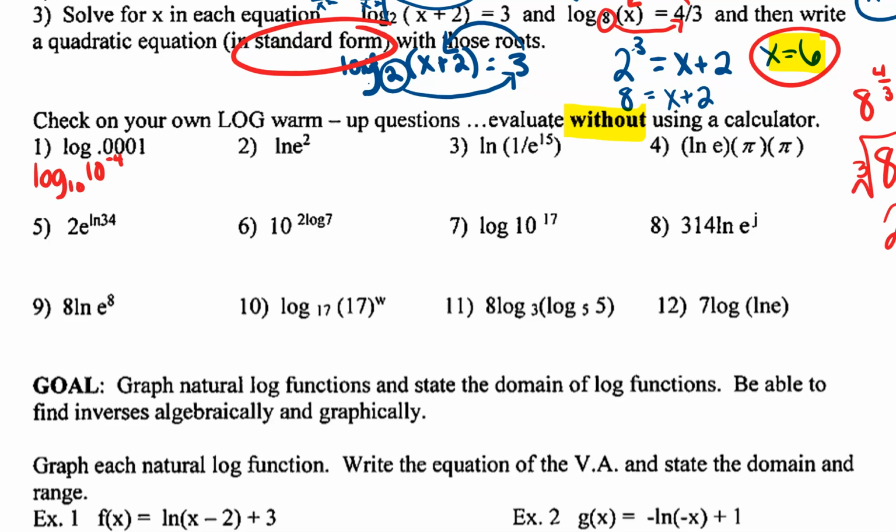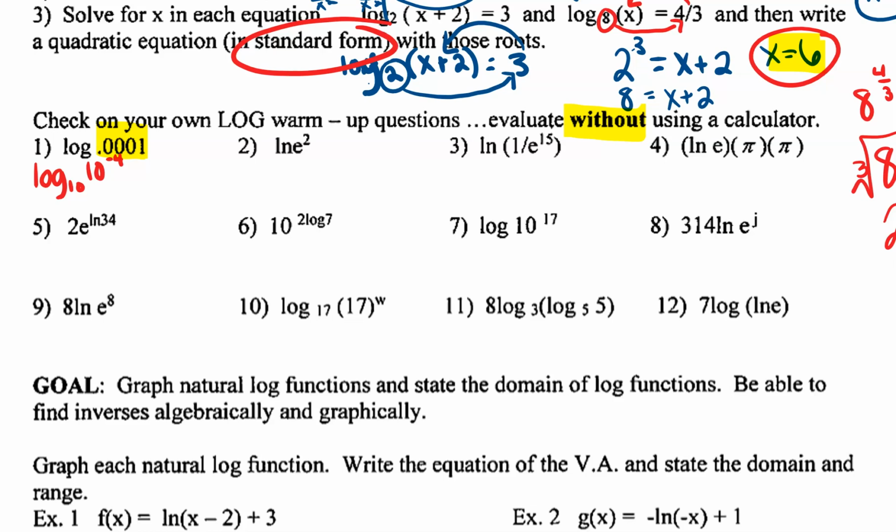The first one I rewrote as log base 10 of 10 to the negative 4 power, because even if it's not written, we assume that it's a base 10. And then I wanted to rewrite the 0.0001 so it also had a base of 10. 0.0001 is the same as 10 to the negative 4 power.